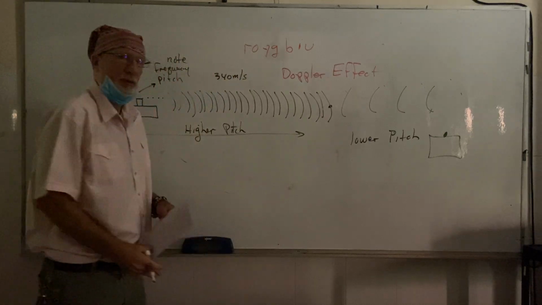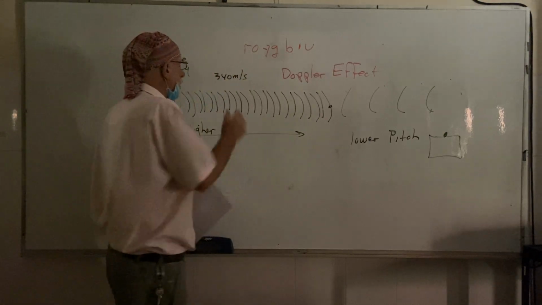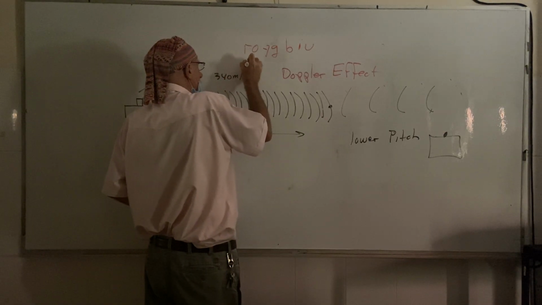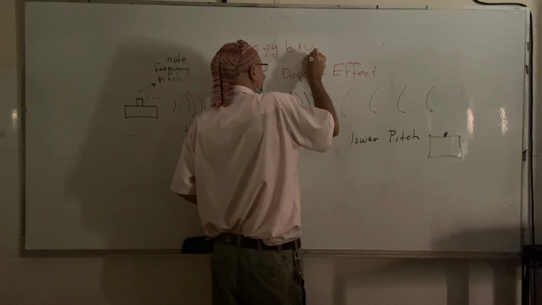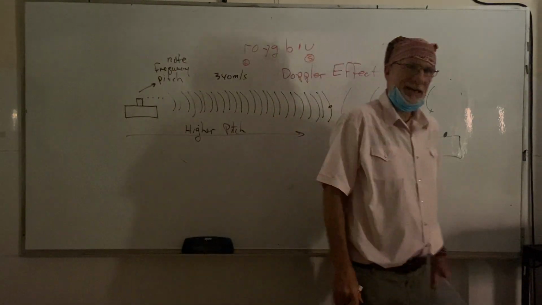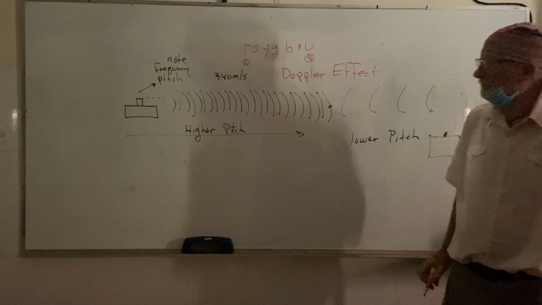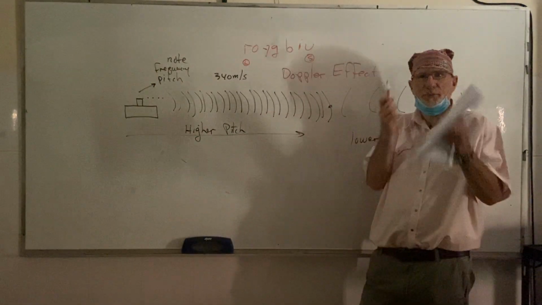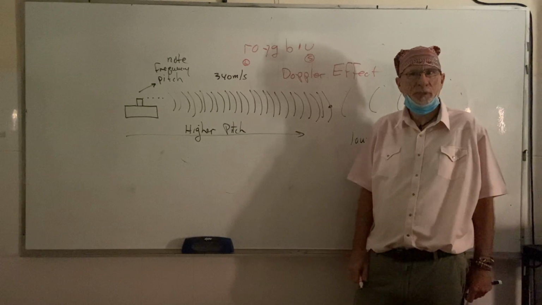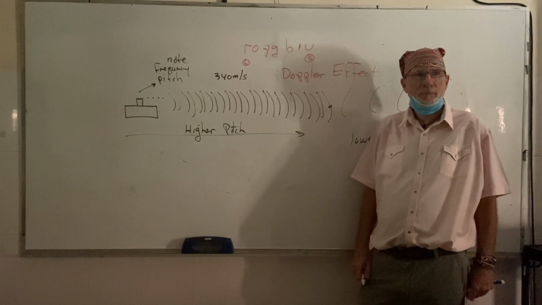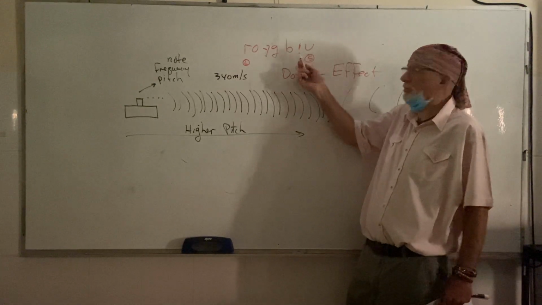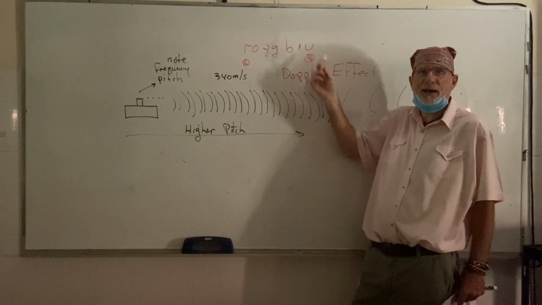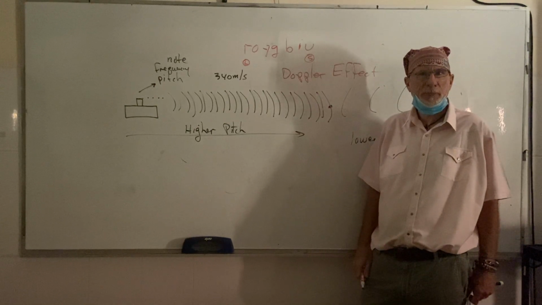So this is long wavelengths, and this is short wavelengths. The same thing can be done with light. If the star is coming toward me and I'm observing it on a telescope, I'll see blue, blue-violet, the blue side of the spectrum.